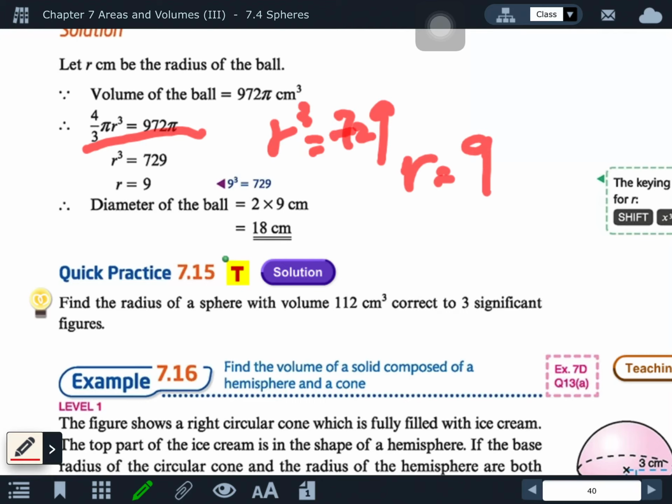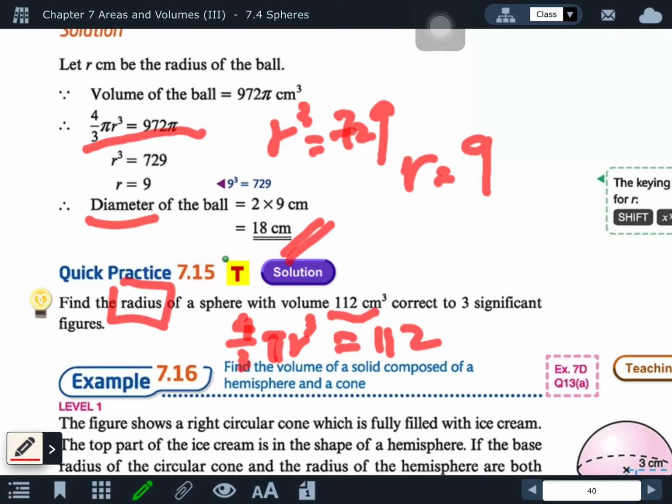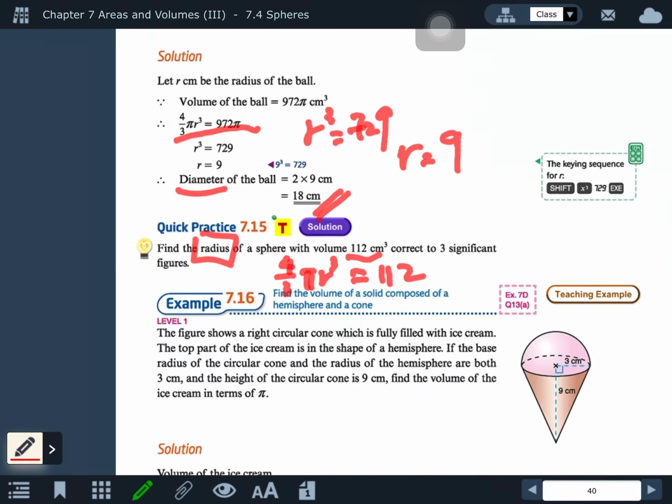But remember, we need to find the diameter, so you have to multiply it by 2. So this should be 18. Okay, now do a quick practice: use this formula of the sphere, 4/3 pi r cubed equals 112, and find the radius this time.